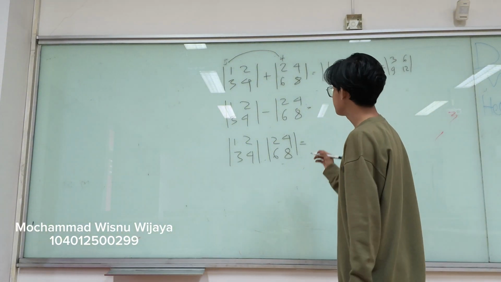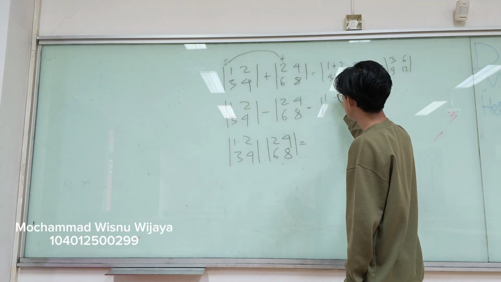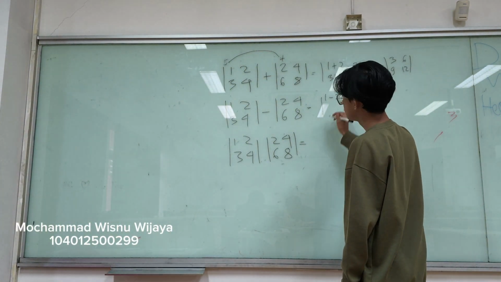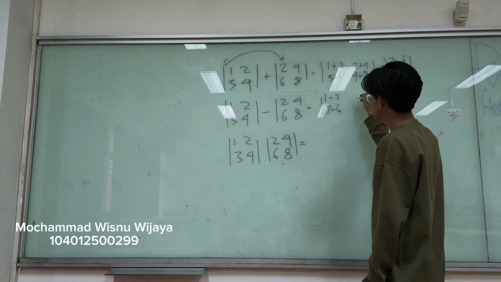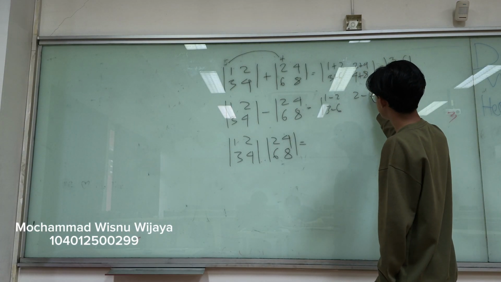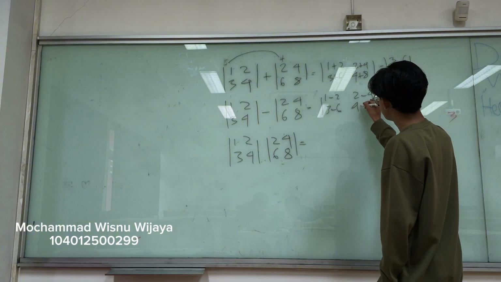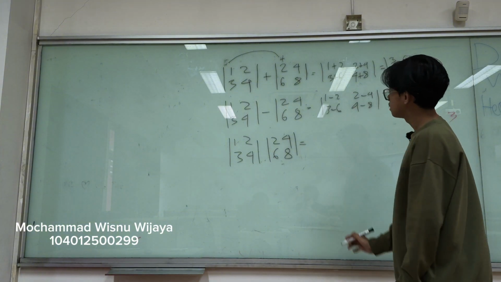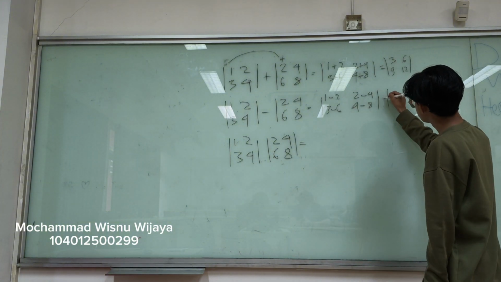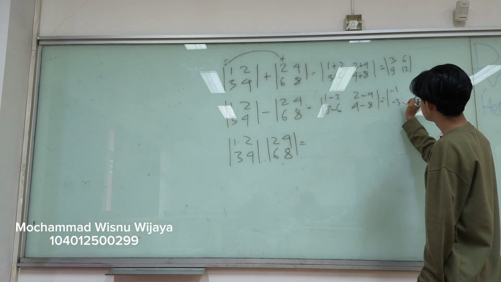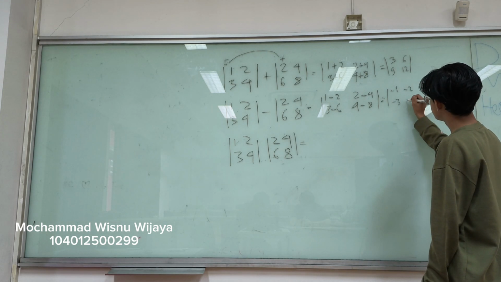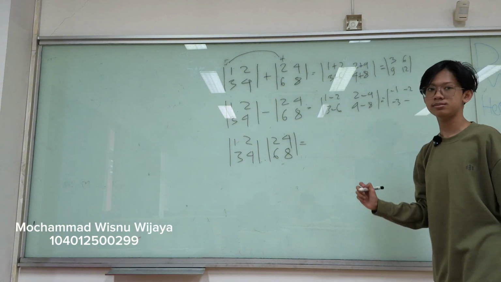And minus is 1 minus 2, 3 minus 6, and 2 minus 4, and 4 minus 8. The answer is minus 1, minus 3, minus 2, and minus 4.